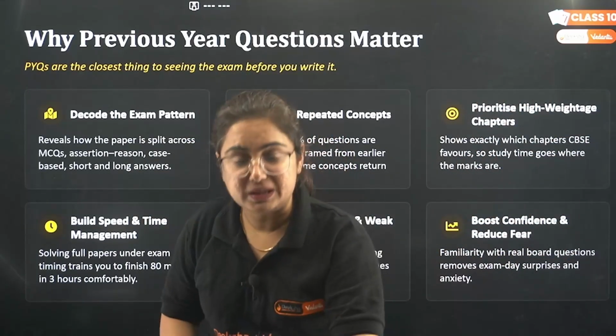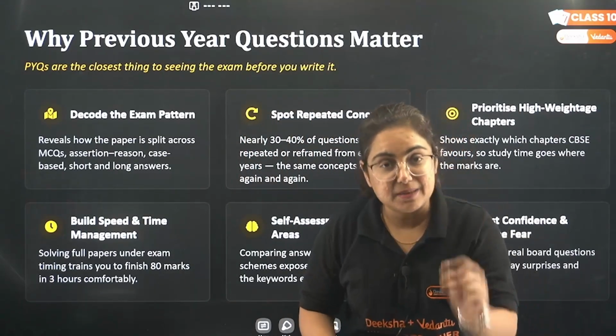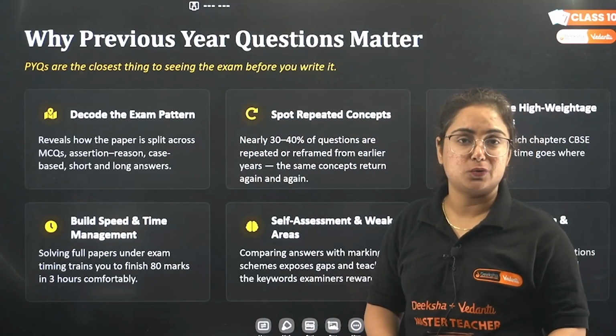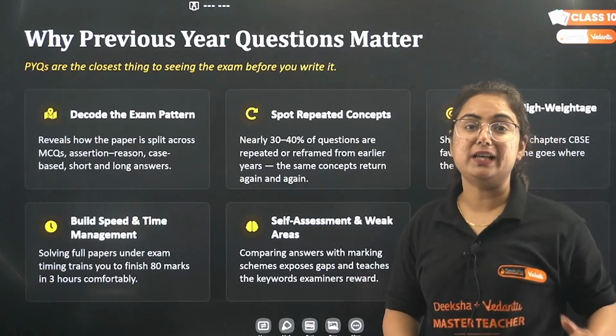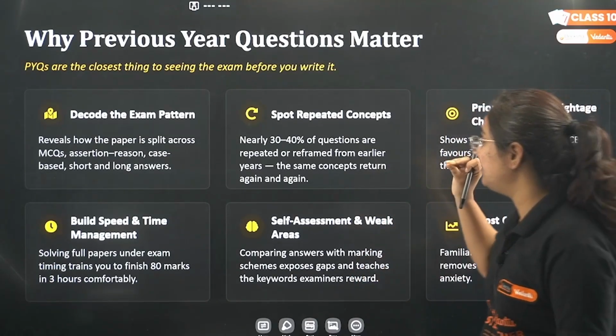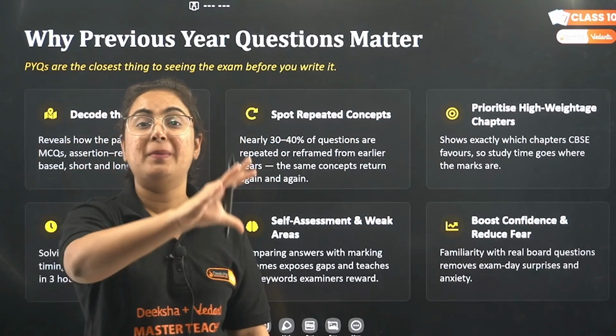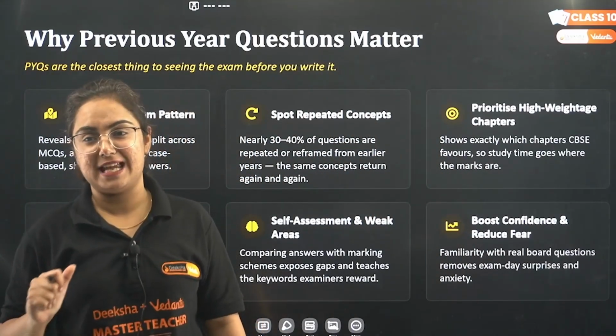Write down how many times it has been asked, and hence it is important. In a similar way, you can analyze MCQs too, and majorly map work also. So spot the number of times it has been repeated, because the same concept, just by changing the format, comes again and again in your SST exam.